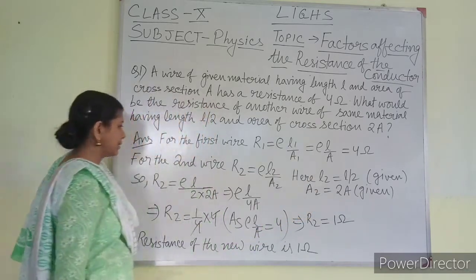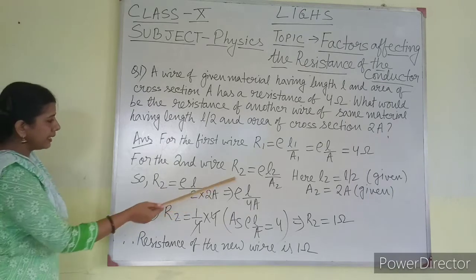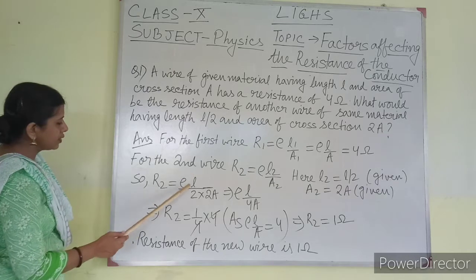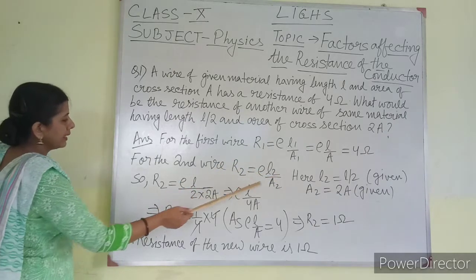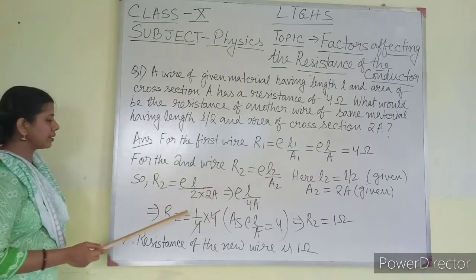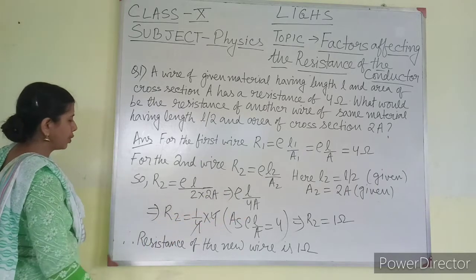So by putting the values of L2 and A2 in this equation, R2 equal to rho L by 2 over 2A. What is coming here? Rho L by 4A, since 2 into 2 is 4.